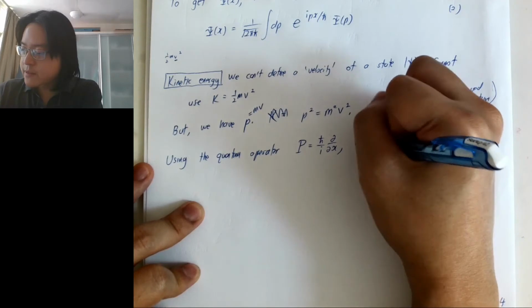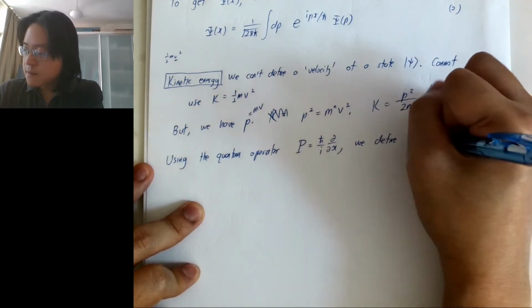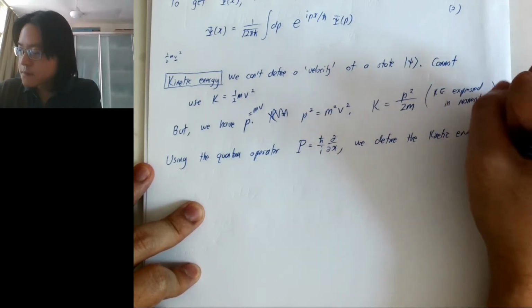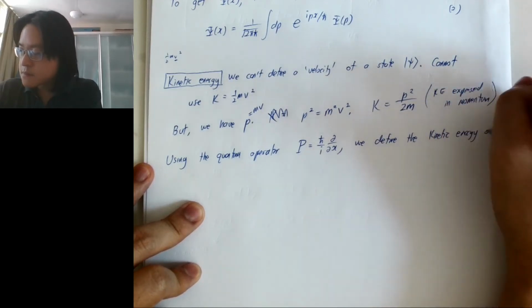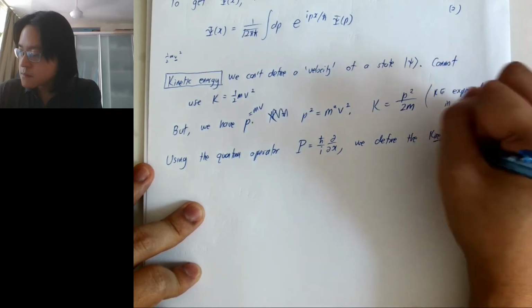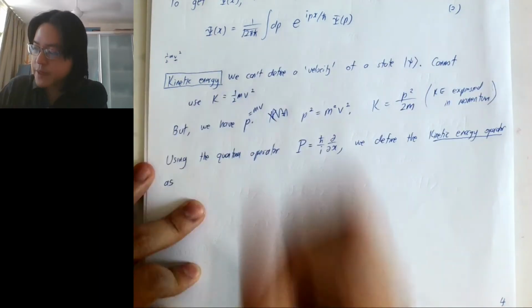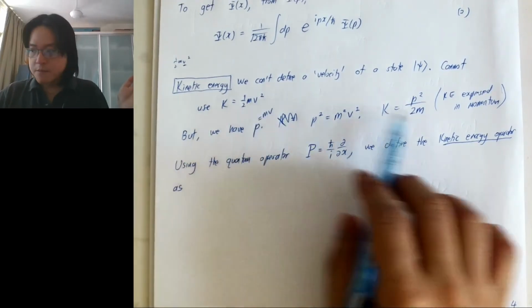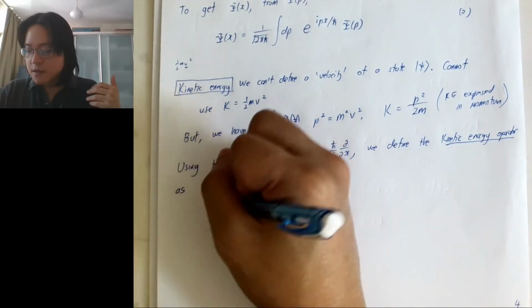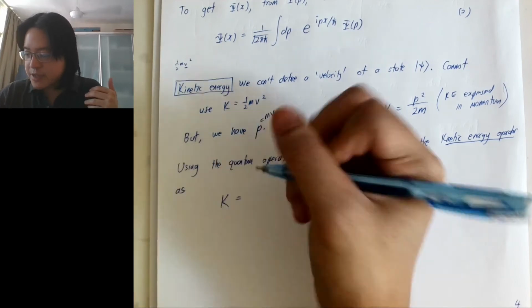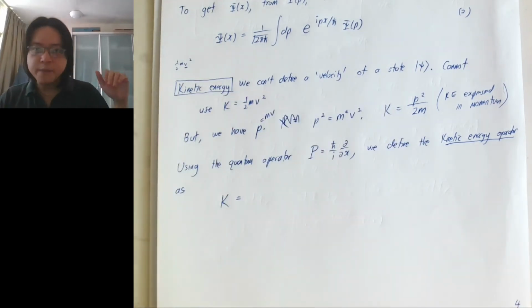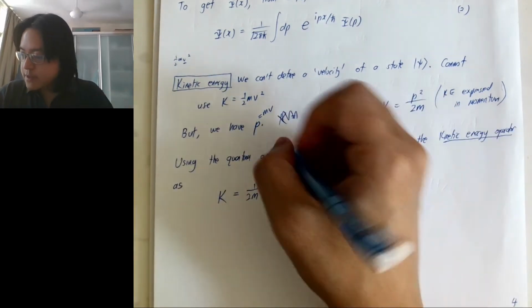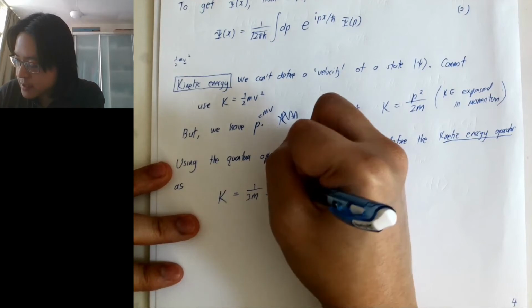Then we define the kinetic energy operator as the following. Okay, so I can't use half mv squared, but I do have this, right? So now I can make kinetic energy into a Hermitian operator. Well, this is 1 over 2m. Okay, then this is p operator squared.